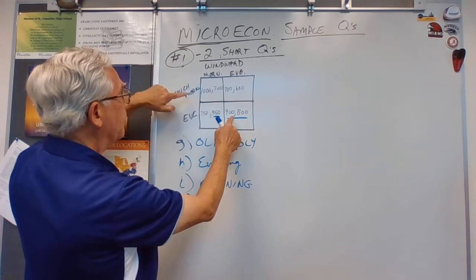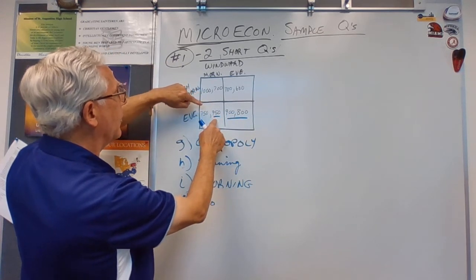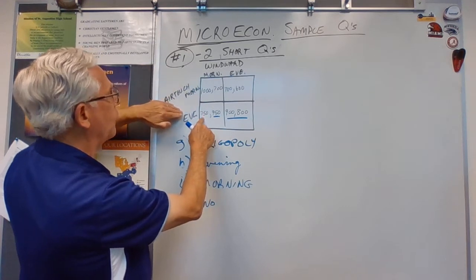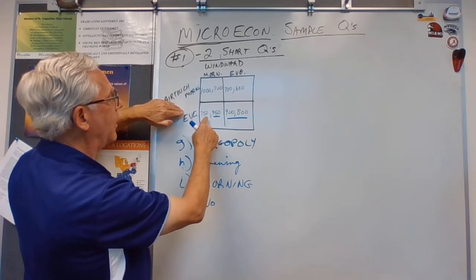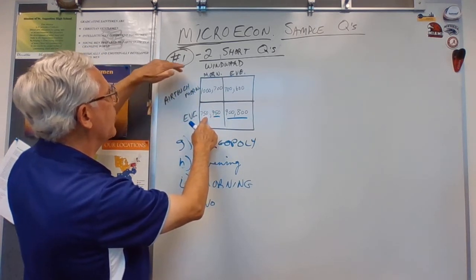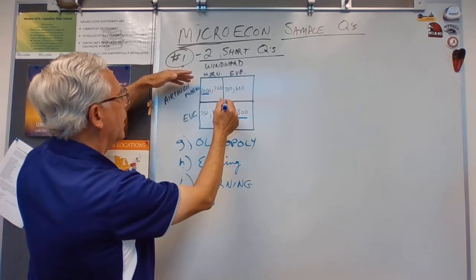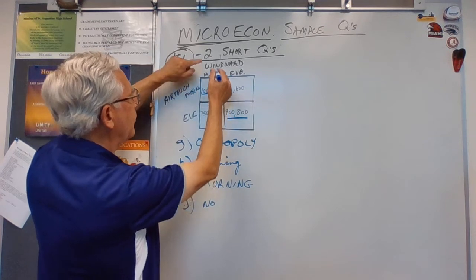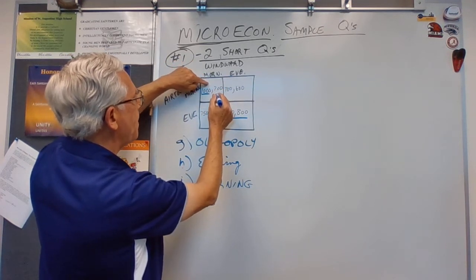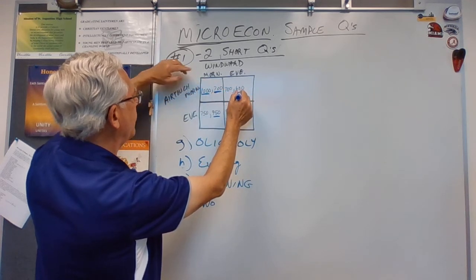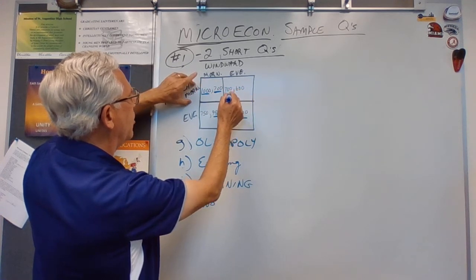AirTouch wouldn't want to switch, but Windward would. It would come over here, and suddenly AirTouch would be earning 750 instead of the 900. AirTouch would then say, well, we're better off coming here. And once we're in this box, does Windward want to change? Windward would say, well, we're making 700. That's better than 600 because AirTouch is going to stick with the morning.